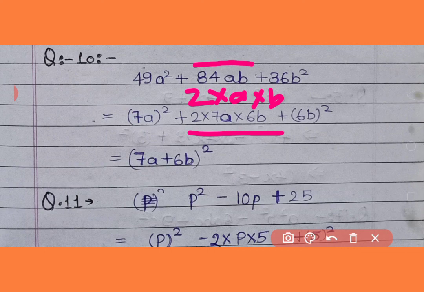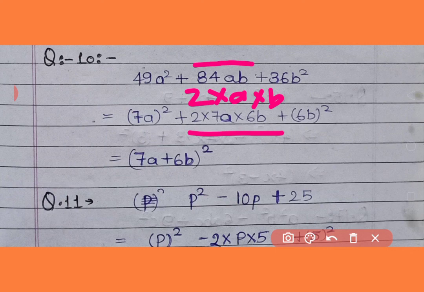So it is very clear that it is in the form of a plus b whole square. Why am I telling every time a plus b whole square? Because everywhere all three terms are positive, no negative term is given.